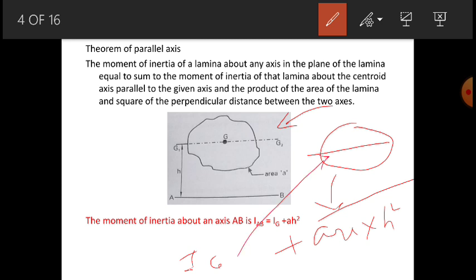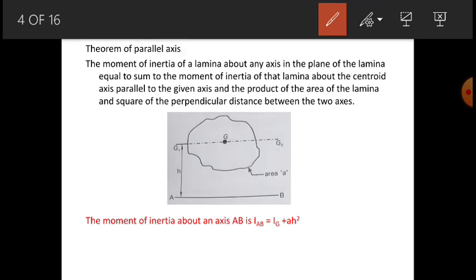Then we get the moment of inertia of that body with respect to the external reference line. As you can see here, we are calculating Iab, where the reference line is outside the body, with respect to this AB line.